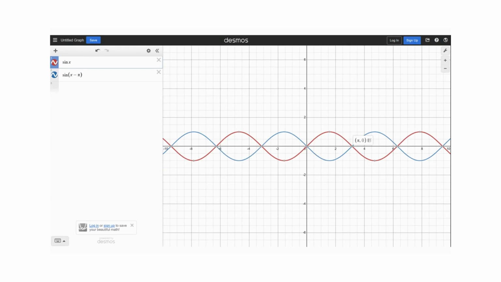So they're not the exact same, but as you can see, very similar graphs, just shifted over. Going back.